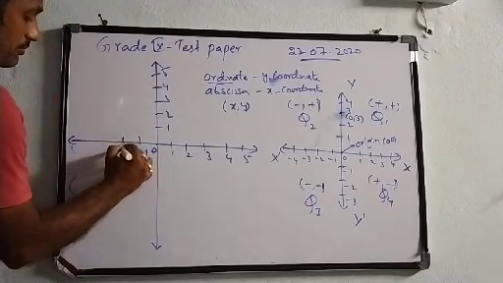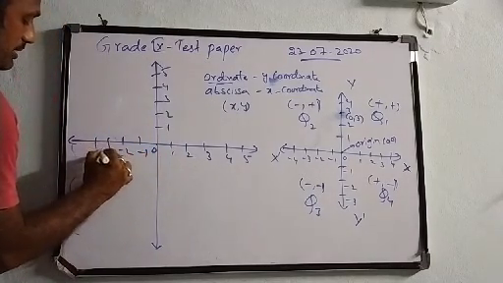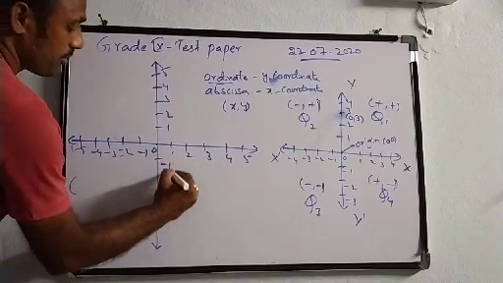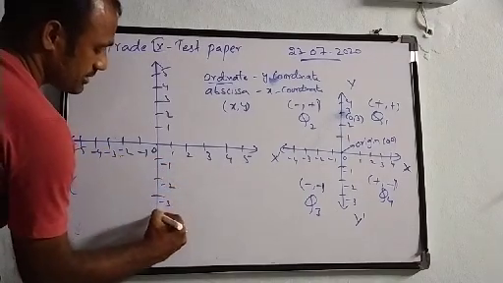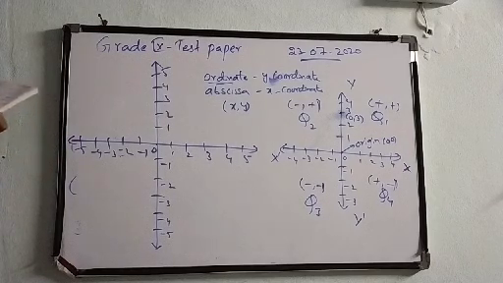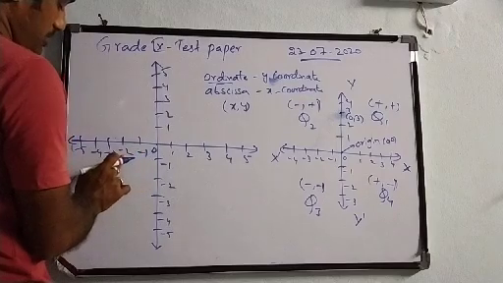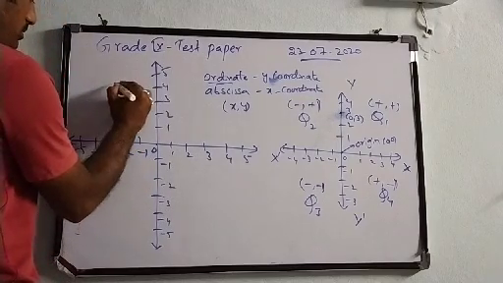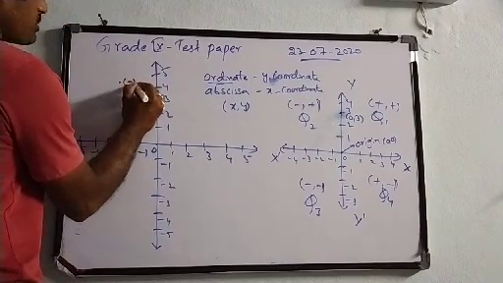Minus 1, minus 2, minus 3, minus 4, minus 5, minus 2, minus 3, minus 4, minus 5. Here the first point is minus 2 comma 4. So we can plot here minus 2 comma 4.